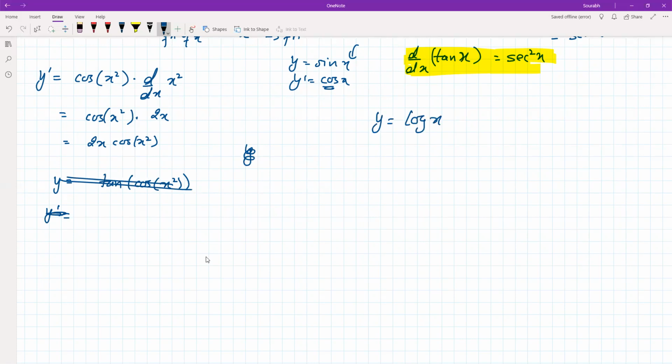We have already done, right? So log we already know. So differentiation of log x is 1 by x. So now suppose function is y is log of sine of x square. So now there are three functions or three layers.